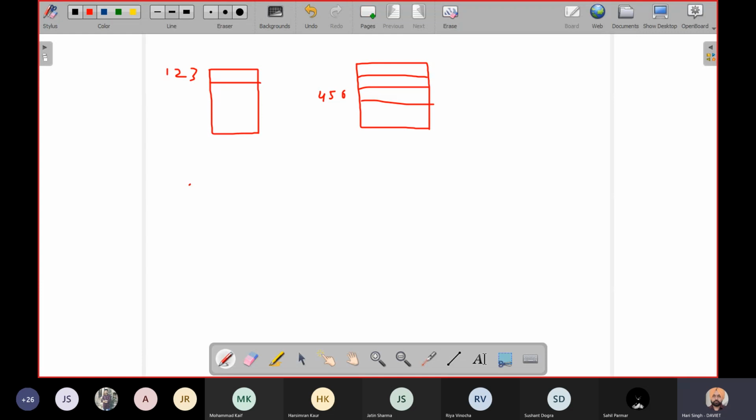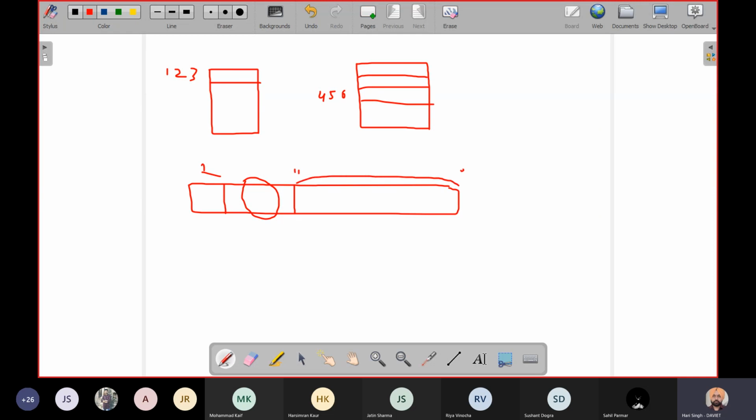Now if we see the instruction register, it has the I bit, then 3 bits having the code, and bits 0 to 11 having the address value.